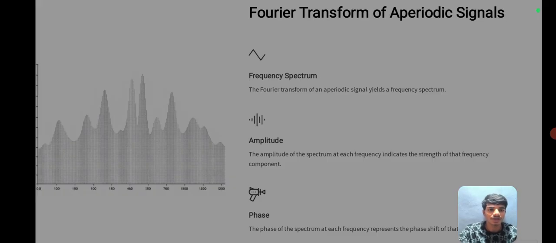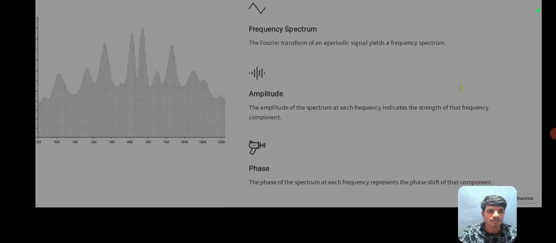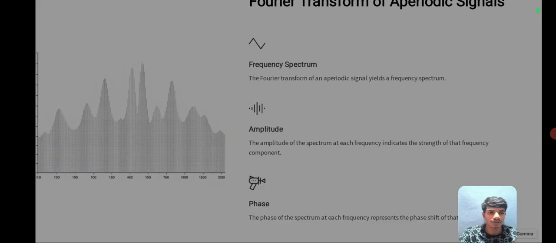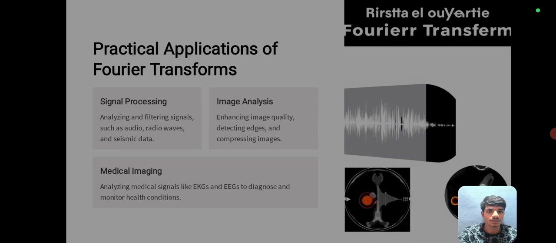The next point we have is amplitude. The amplitude of the spectrum at each frequency indicates the strength of that frequency component. And the next we have phase. The phase of the spectrum at each frequency represents the phase shift of that component. This is about the Fourier transform of aperiodic signals.